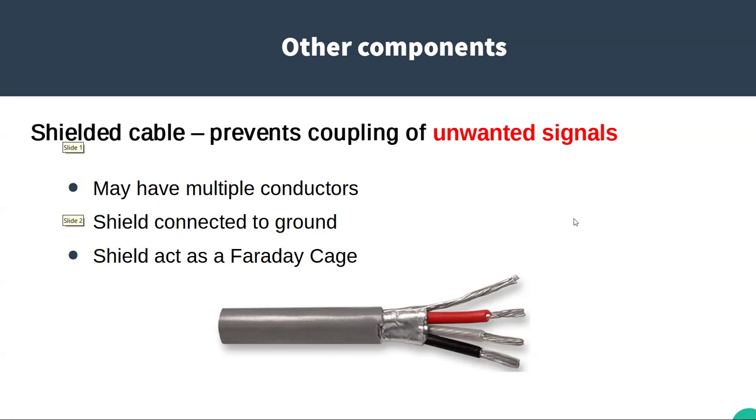Shielded cables. The purpose for that is to prevent coupling of unwanted signals or generation of unwanted signals. When you run wires through a shield, like is shown there, that foil, there's actually a wire that runs through it that makes contact with the foil, because you can't solder to aluminum foil, so it's just a contact type of thing.